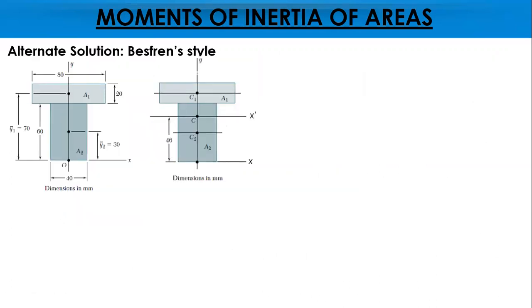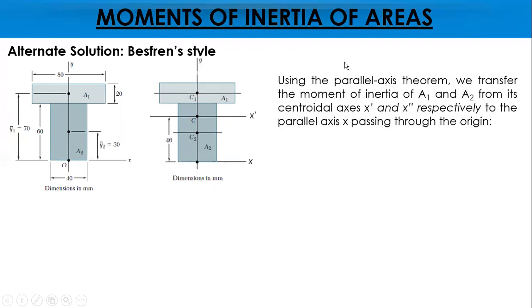Now, I have my own style of solving for the centroidal moment of inertia. My style is this. I will try to get rid of D1 and D2 to avoid confusion. First, I will use the parallel axis theorem.